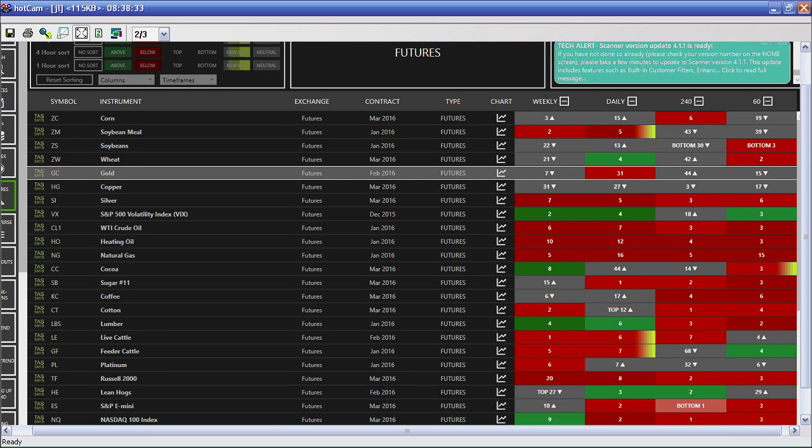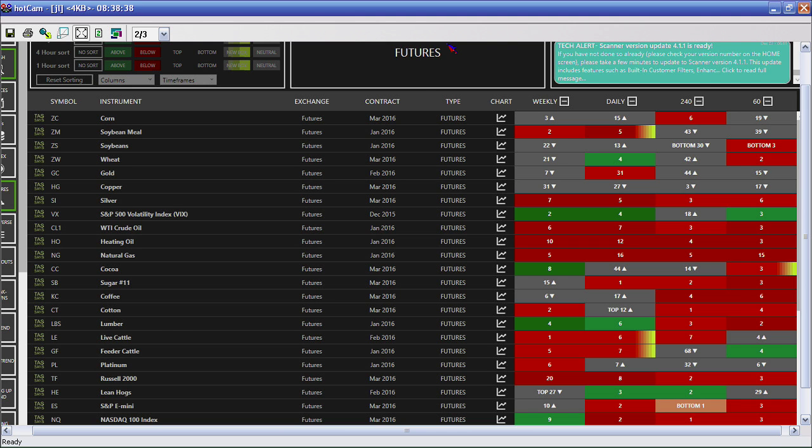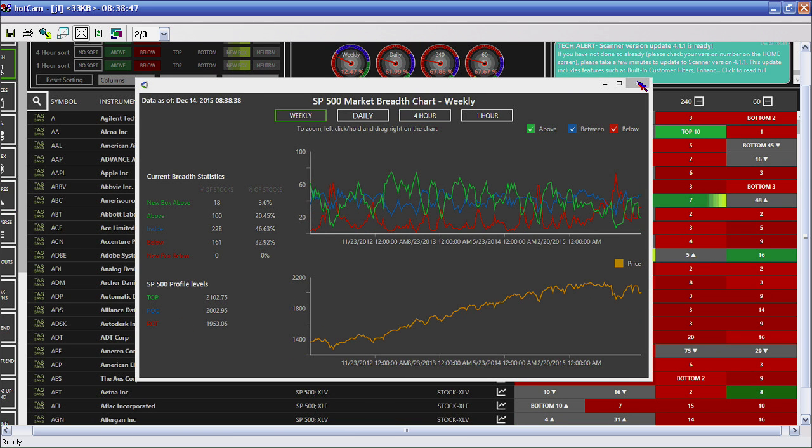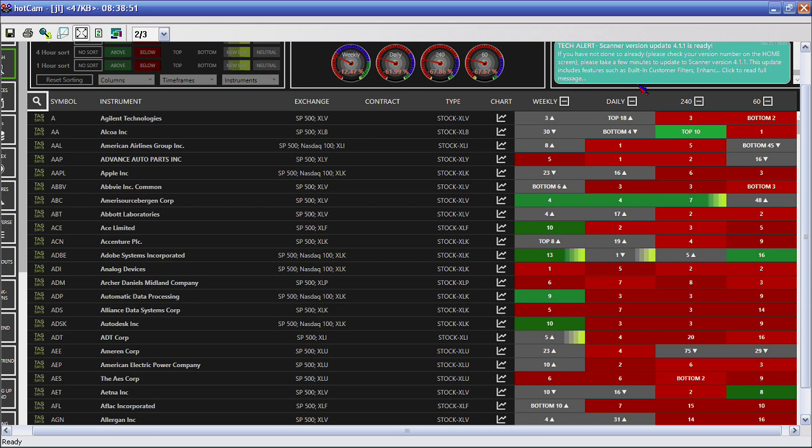And all of these are in the breadth charts. Let me go back and show you that real quick. So here's our 240. There's that bottom 2001. Here's our weekly POC, as you can see there, 2002. So coupled with 2000 being a big psychological level anyway, let's go into the futures section. Let's look at the S&Ps.